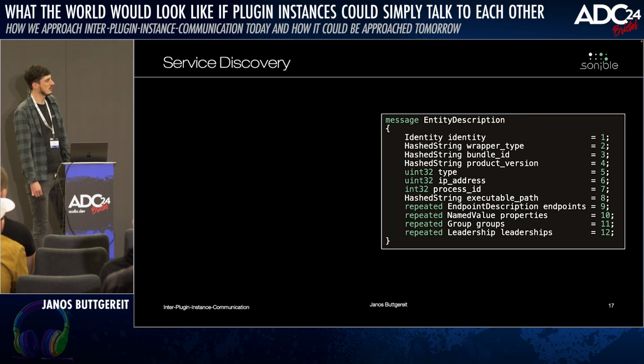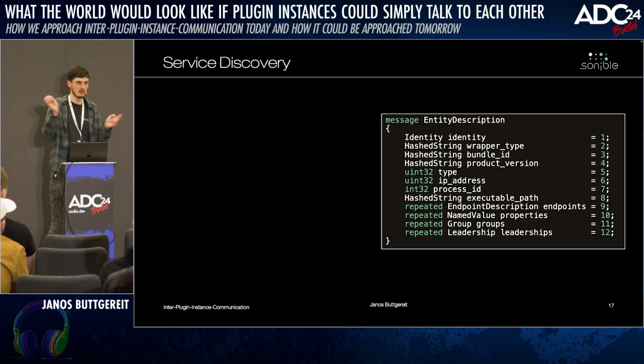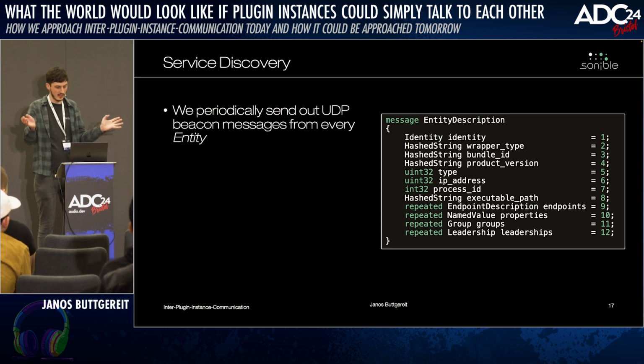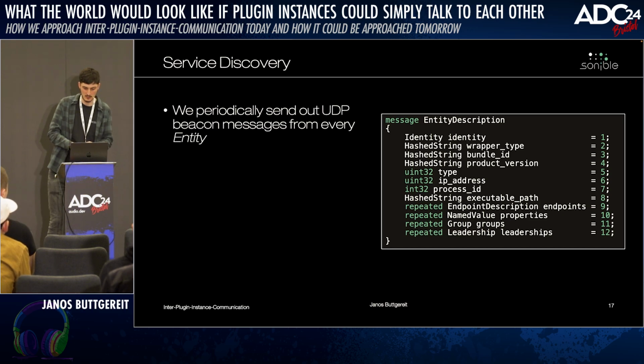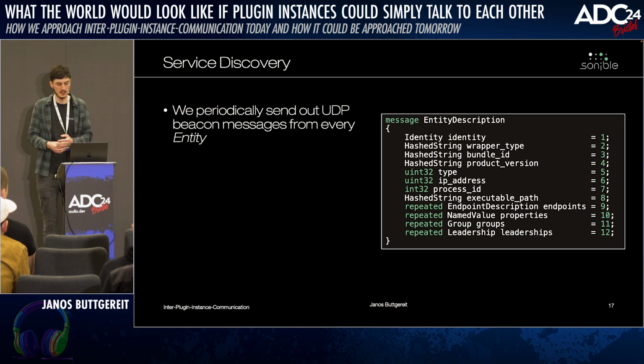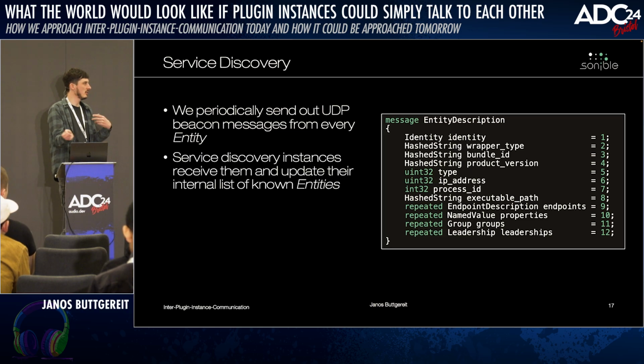This is a protobuf message of this beacon message that we send around from every instance every now and then to say, hey, we are still alive. You see, we have a certain identity, we send some information about plugin wrapper types, the process we run in, etc. And all the other instances can just keep book of these messages they receive and have an internal list of all the instances they know.